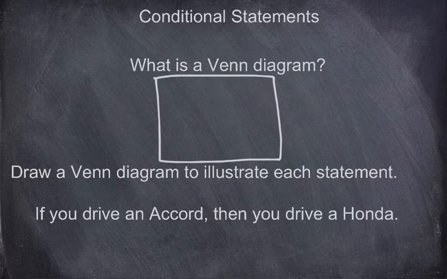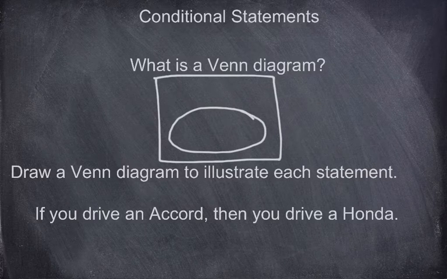And what we're going to have is one section inside of the other. Now, the most basic thing I can say is that the inside of the oval, which is inside of the box, is where you put your hypothesis.